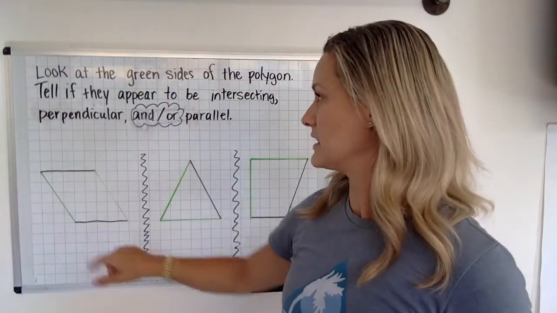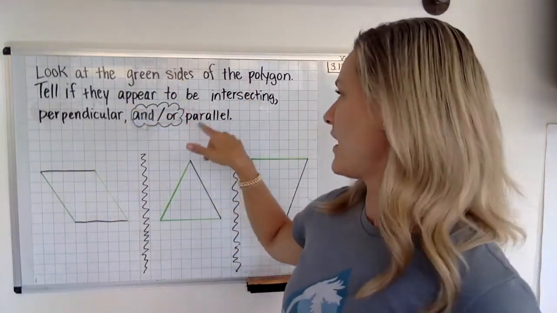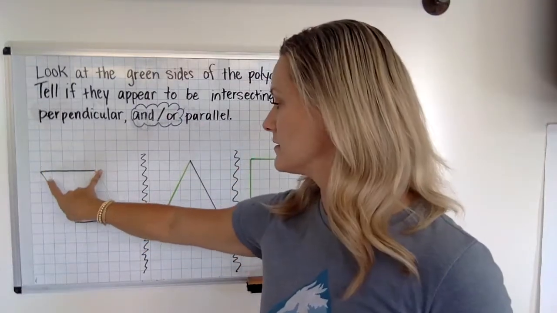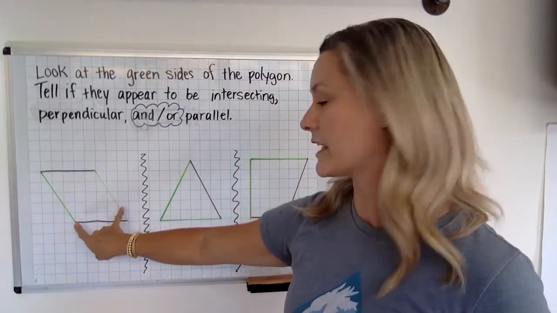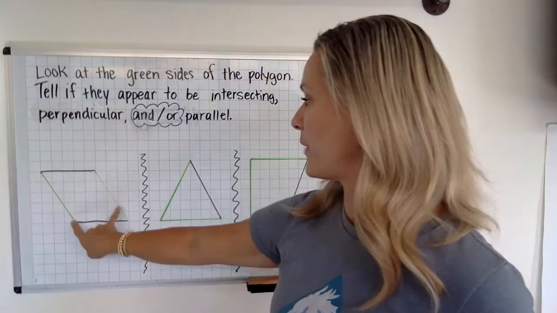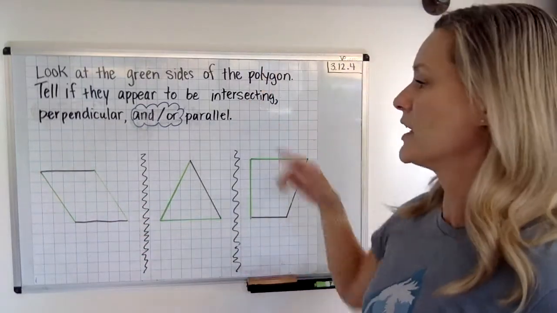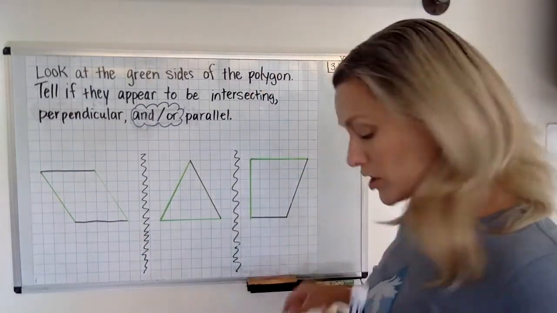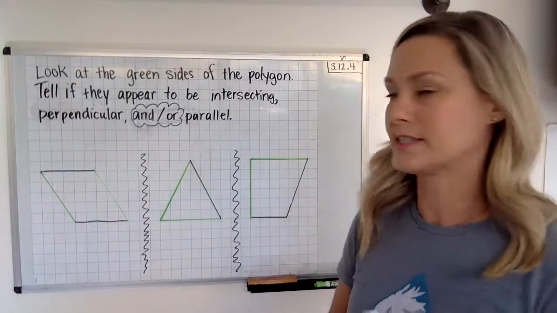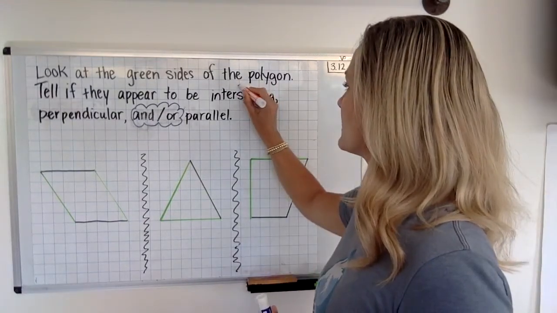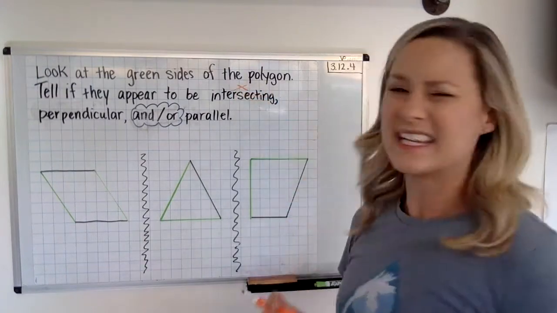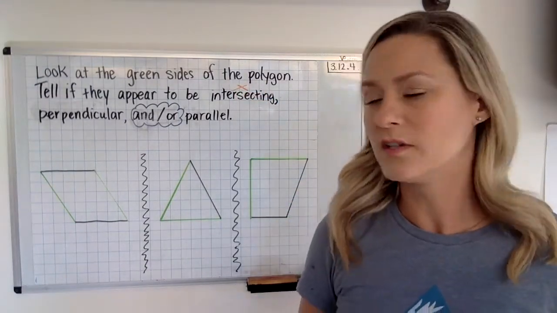Okay, so here are the green sides. Are they intersecting, perpendicular, or parallel? Now remember, intersecting means that they're going to cross somewhere. It does not have to be at a 90-degree angle.